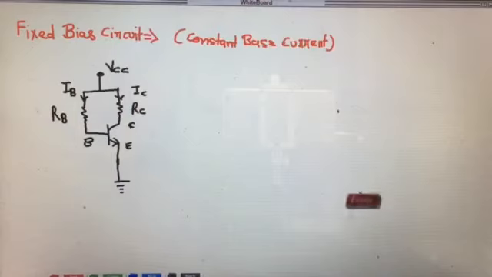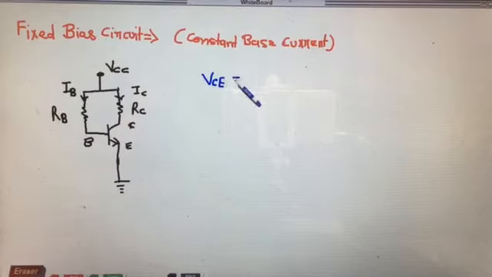Next point. From our relation, we can write VCE, the voltage across collector and emitter, is equal to VCC minus IC RC.